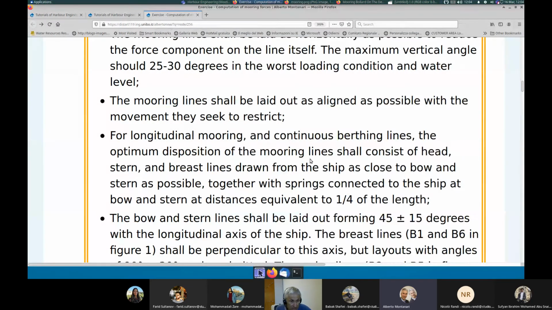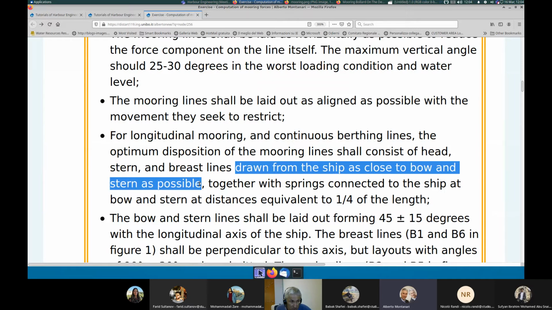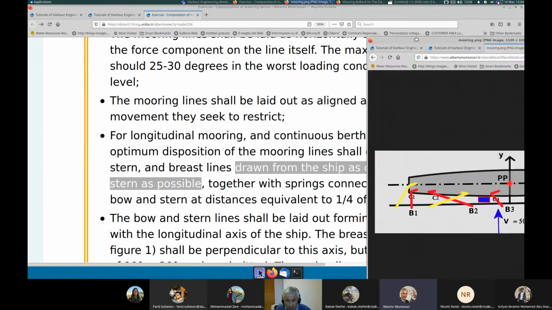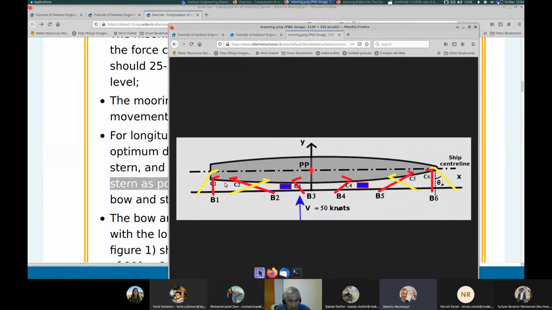So the breast lines and the head and the stern line should be drawn from the ship as close to bow and stern as possible. So let me show you again the figure. You see that the breast line is very close to, in this case, the stern here, and the stern line is precisely located in the stern.